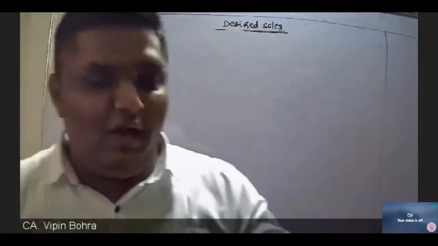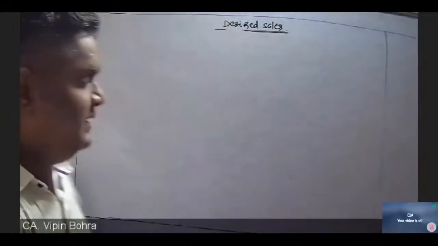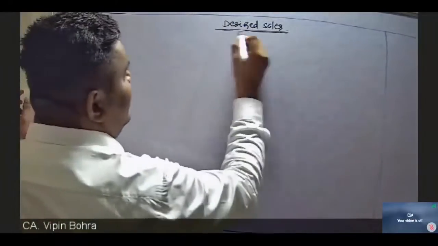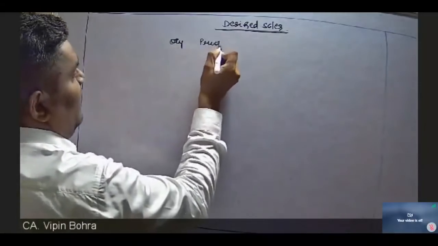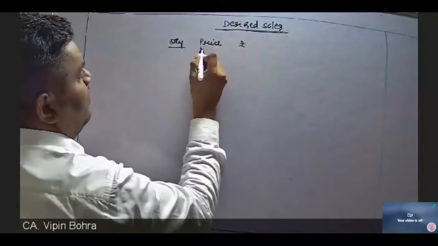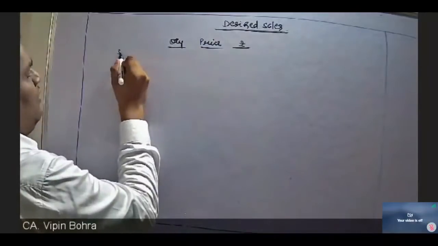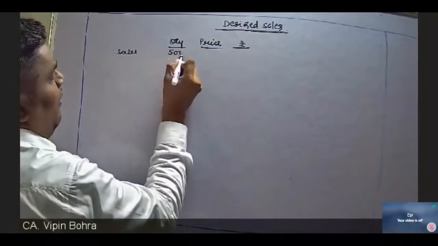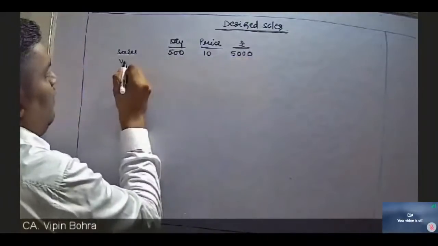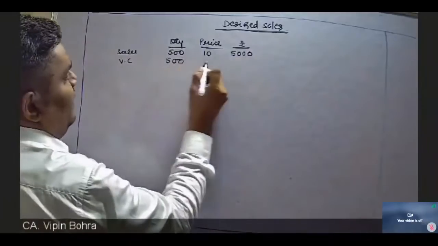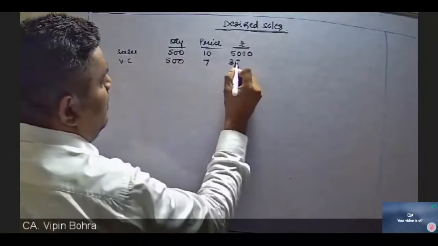Now let's take another example, guys. The same example I have discussed in break-even sales: quantity, price and amount. Suppose sales is 500 into 10, 5,000. Variable cost 500 into 7, 3,500.